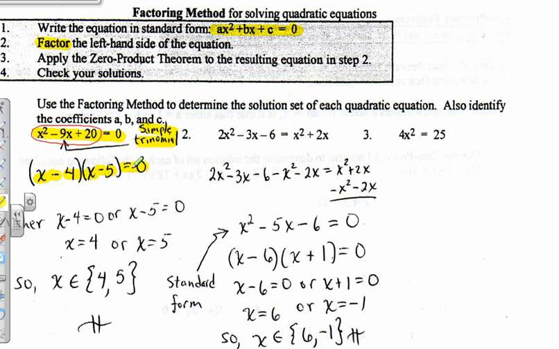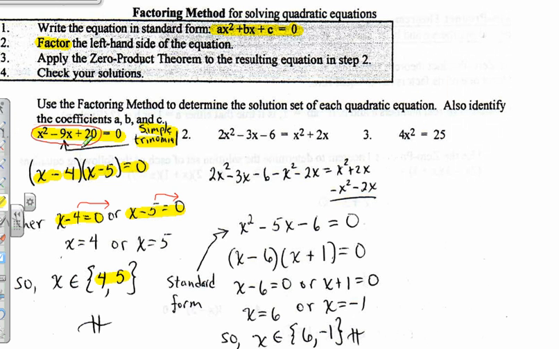By the zero product theorem, either x minus 4 has to be 0 or x minus 5 has to be 0. It's very easy, two easy linear equations to solve. All I do is take the 4, move it to the other side, and I get x equals 4. Take the 5, move it to the other side, and I get x equals 5. So the solution set contains the numbers 4 and 5.